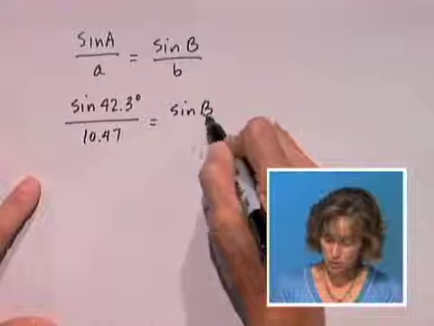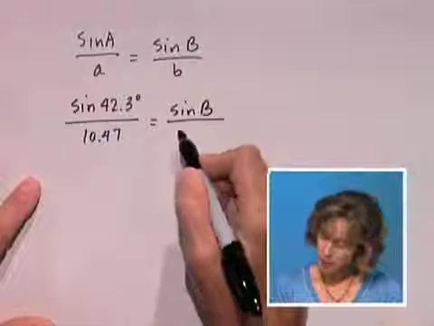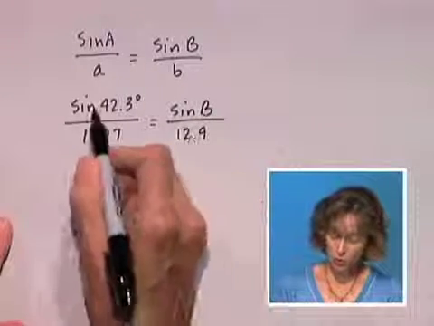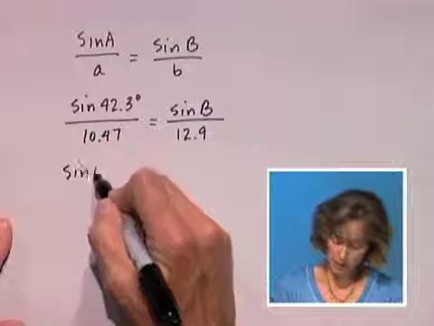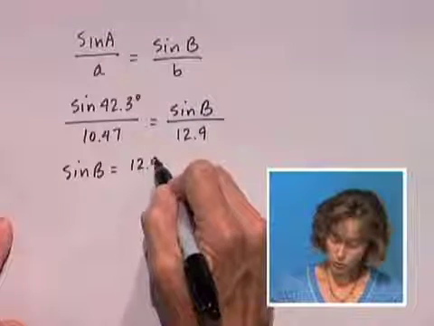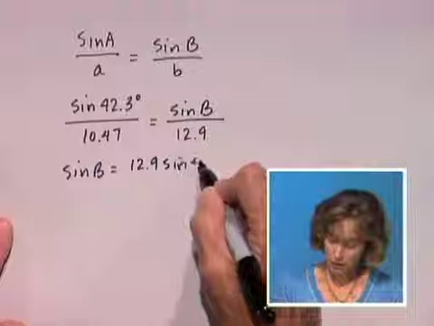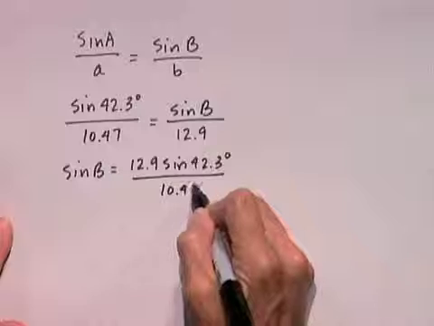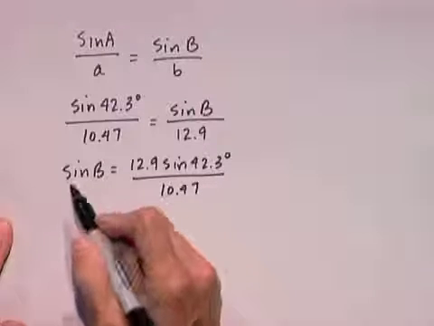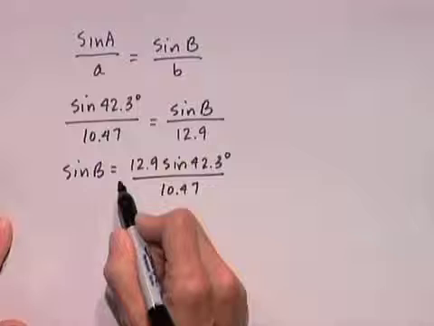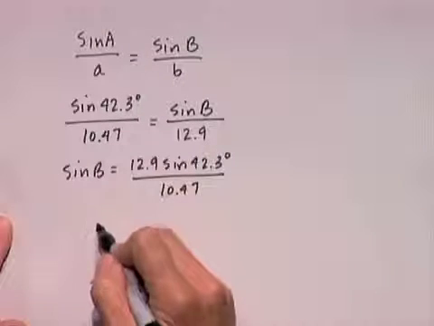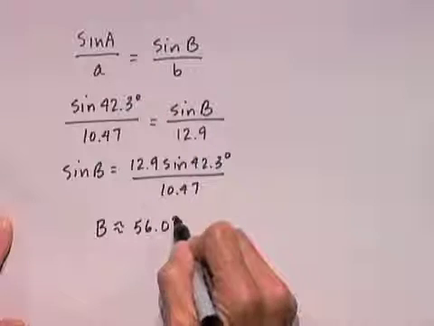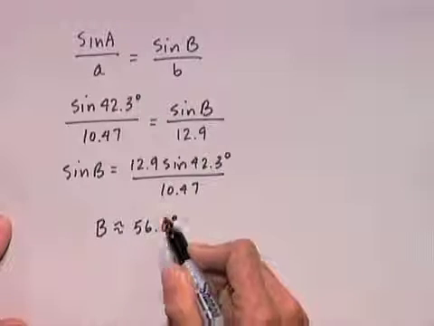I'm interested in solving for angle B. Side B I was given as 12.9. Multiplying by 12.9, isolating sine B, I end up with 12.9 sine 42.3 degrees divided by 10.47. And if I stop and calculate angle B at this point by finding the inverse sine of this, angle B is approximately 56.0 degrees.